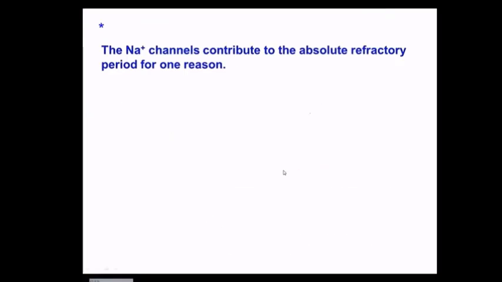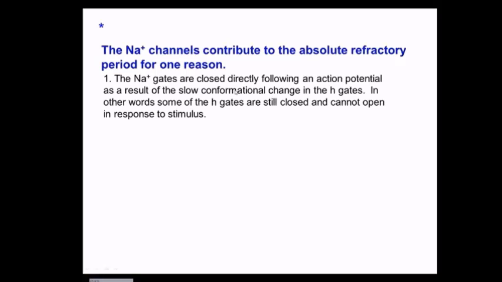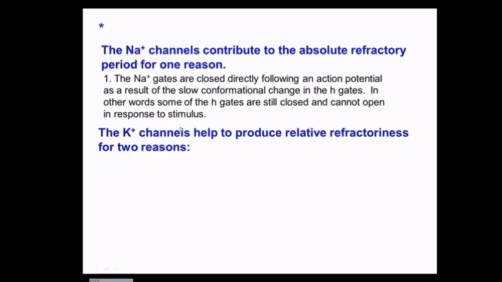Okay. So, the sodium channels contribute to the absolute refractory period for one reason. The sodium gates are closed directly following an action potential as a result of the slow conformational change in the H gates. In other words, some of the H gates are still closed and cannot open in response to stimulus. Or at least the H gate conformation, because we know they're really not real. Okay? So, potassium channels help to produce the relative refractory period for two reasons.